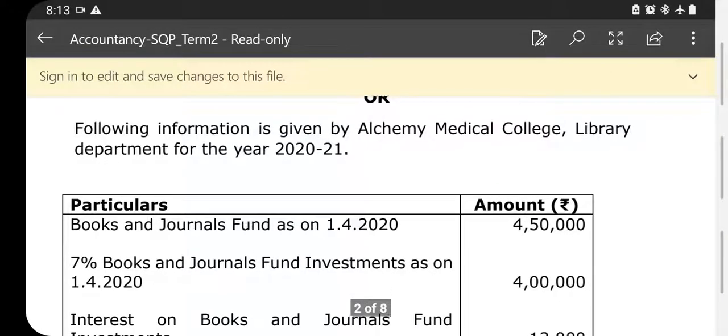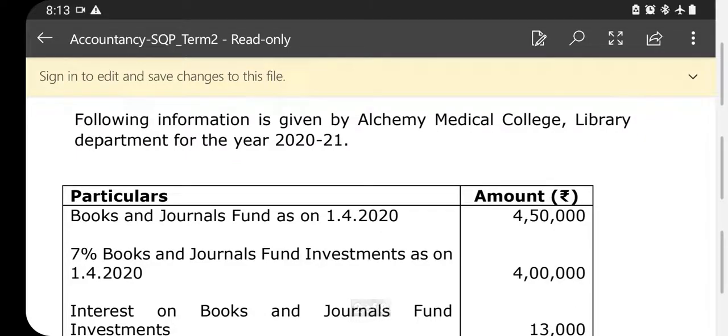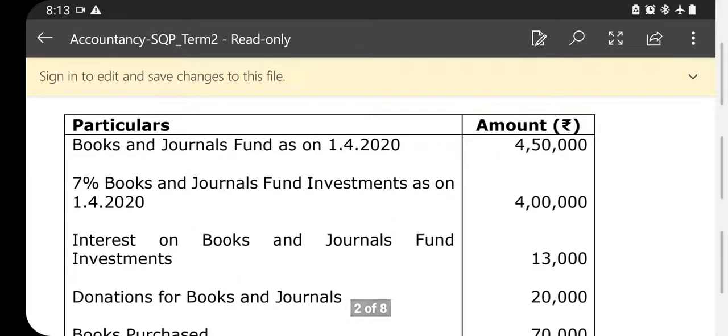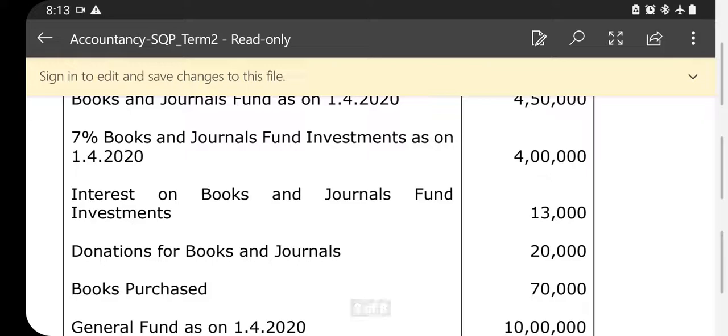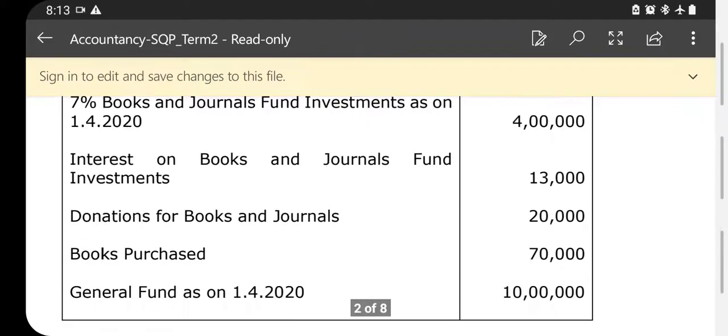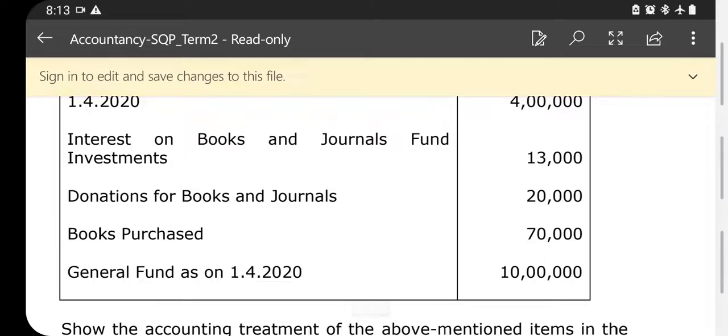The following information is given by Alchemy Medical College Library Department for the year 2020-21. Particulars, amount: Books and Journals Fund as on 1st April 2020, 4,50,000, 7%. Books and Journals Fund investments as on 1st April 2020, 4 lakhs. Interest on Books and Journals Fund investments 13,000.